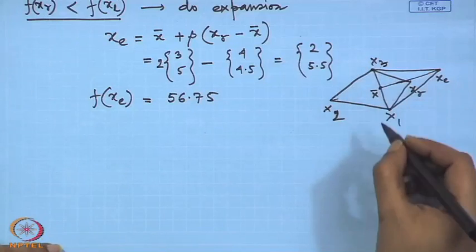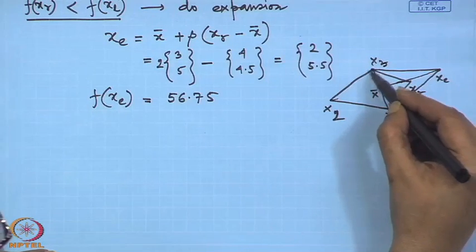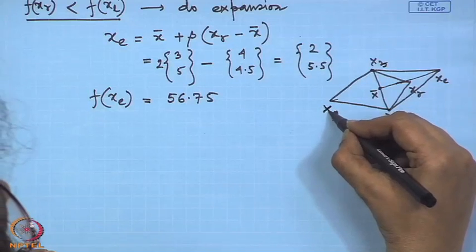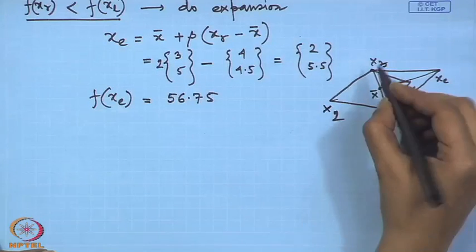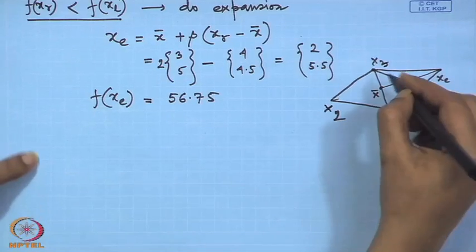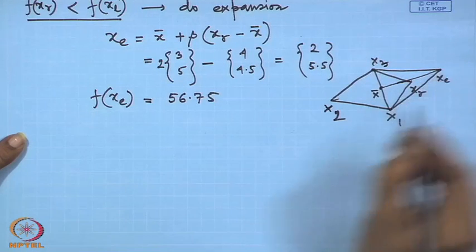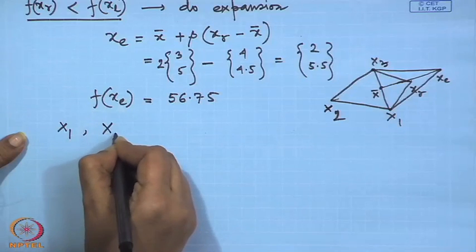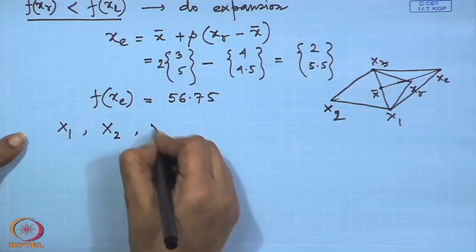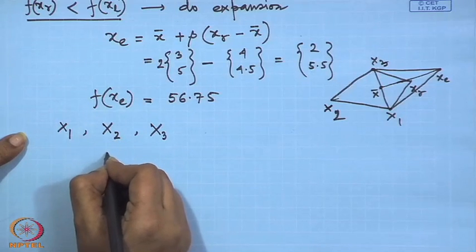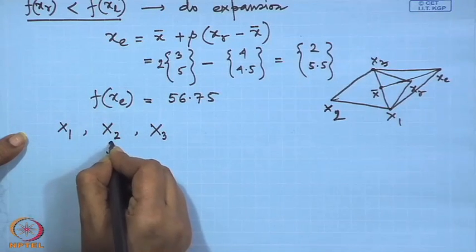If I just go back to the simplex figure, x2 was the worst alternative for us. Now we are getting another better alternative xc. That is why I can consider the new simplex as x1, x2 and x3, where xc is becoming x2 now.